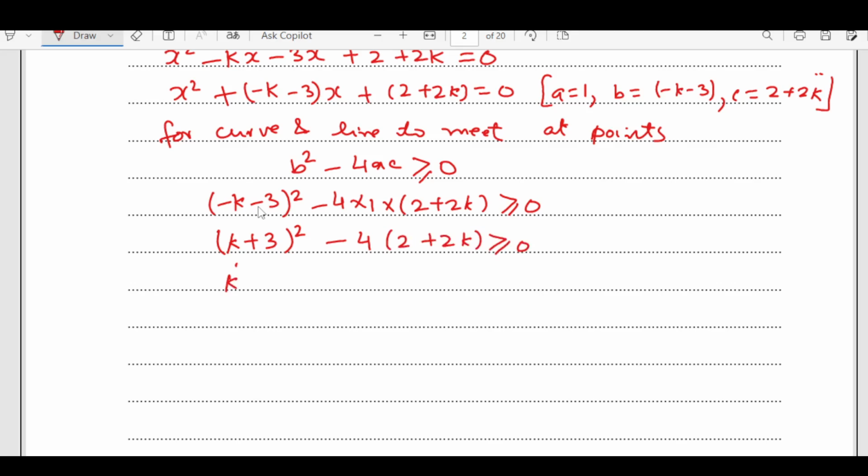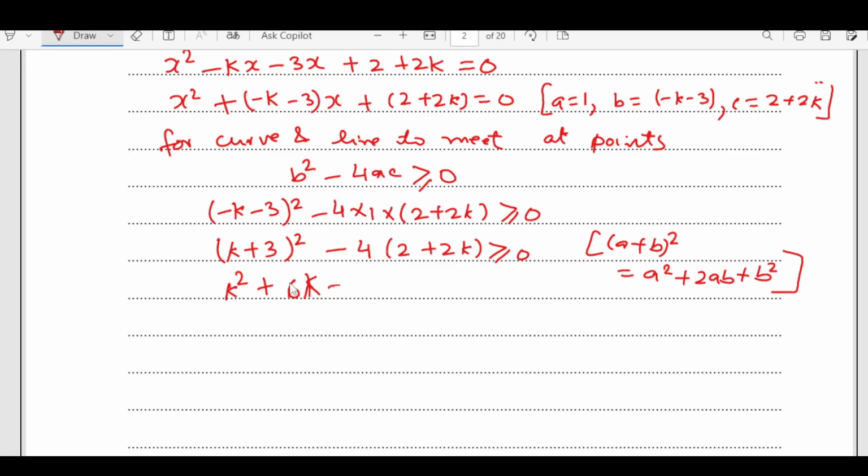So expand the brackets using the a plus b whole squared formula. You know that a plus b whole squared is equal to a squared plus 2ab plus b squared. That's what we are going to use over here. So k squared plus 6k plus 9 minus 4 times 2, that is 8, minus 4 times 2k, that is 8k, greater than or equal to 0.